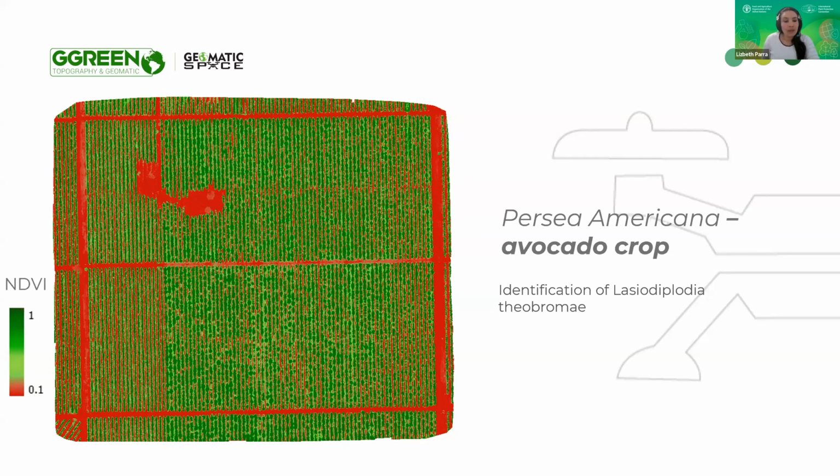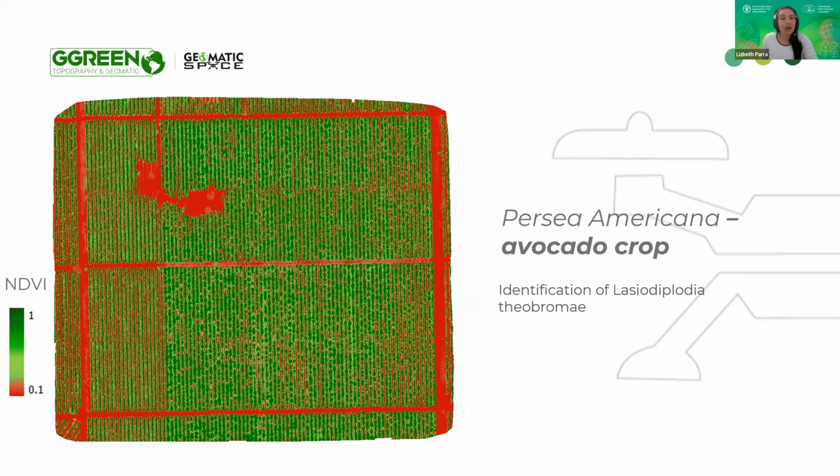Nótese que nuevamente podemos observar dentro del cultivo una variación de vigorosidad que conlleva a pensar que las plantas están en una condición de estrés. Sin embargo, nosotros no podemos llegar a afirmar que esta zona o estas zonas donde las plantas se ven menos vigorosas tengan presencia de la pseudoplodia.